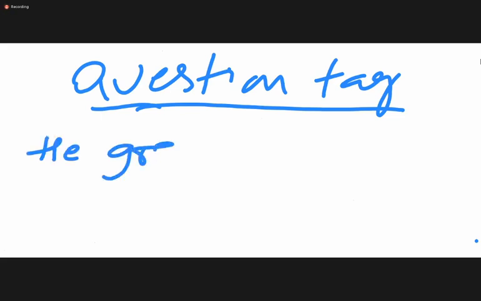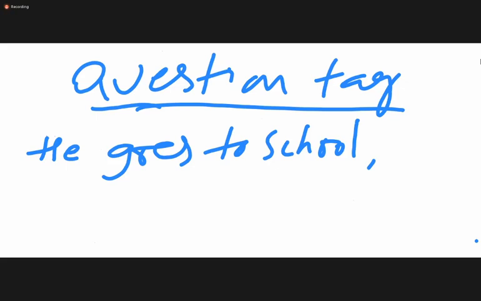He goes to school every day, or simply he goes to school. Here there is no helping verb. When there is no helping verb, do forms are used as helping verb. If the statement is in the simple present tense, use do or does. When the subject is third person singular, use does. If the subject is other than third person singular, you can use only do.